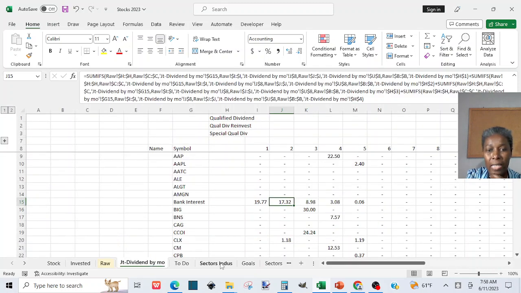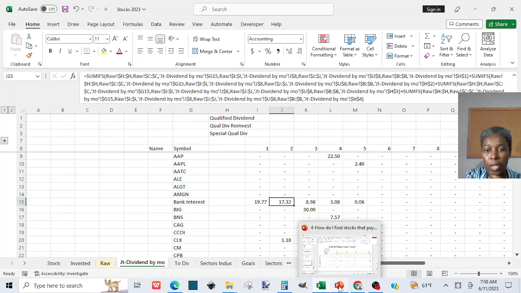So how to access the data? You'll access that when you go to history.